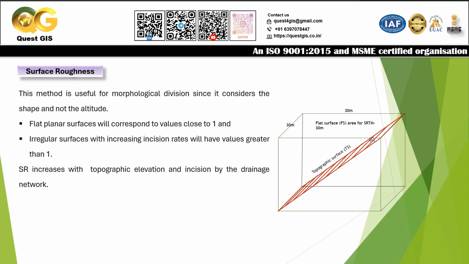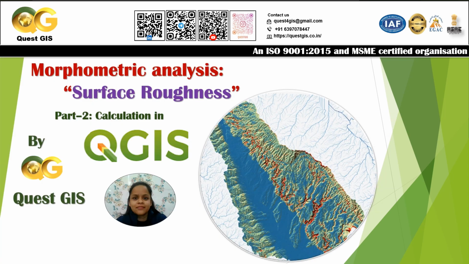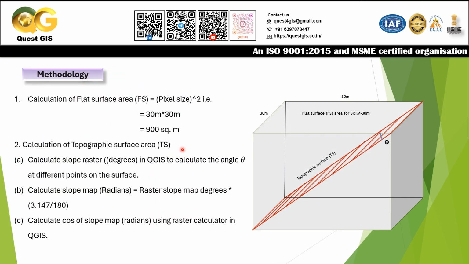Okay, so now let's look at the step-by-step method to calculate the surface roughness using QGIS. So now let's understand the step-by-step methodology involved. When we saw the formula, surface roughness is equal to topographic surface area divided by flat surface area. The flat surface area will be equal to pixel size raised to the power 2.